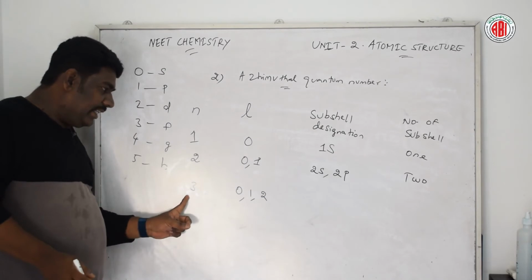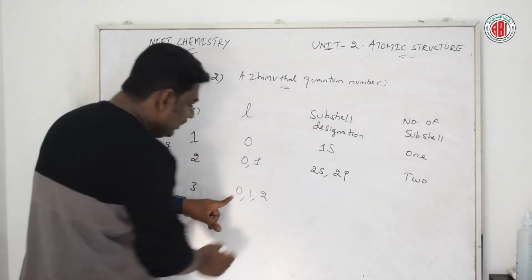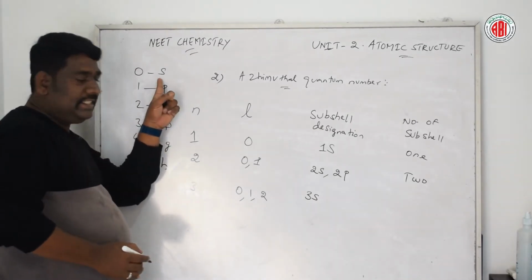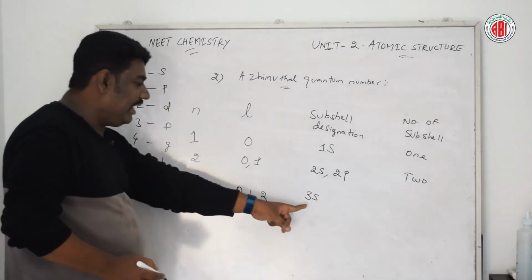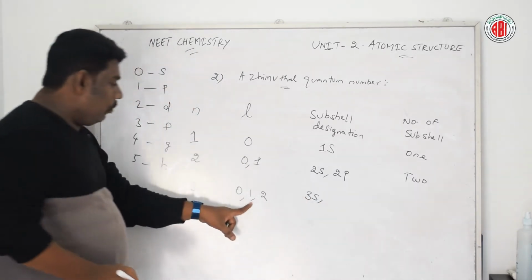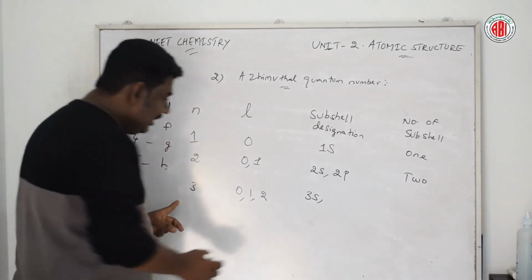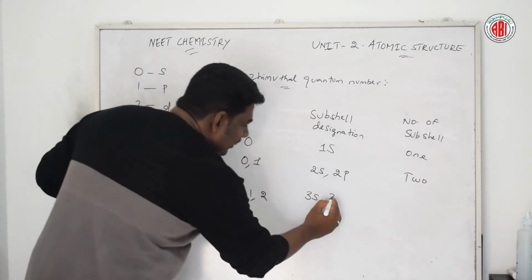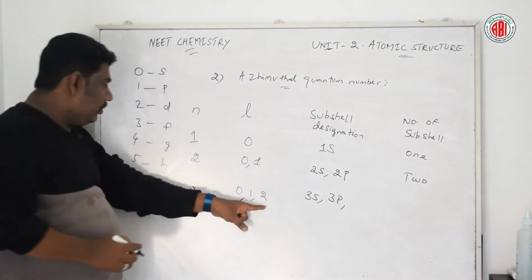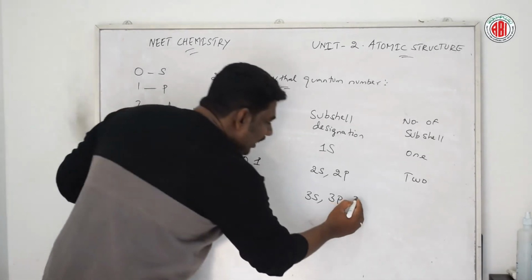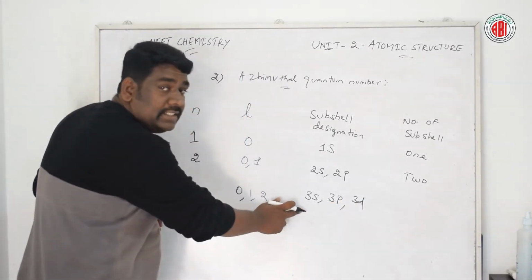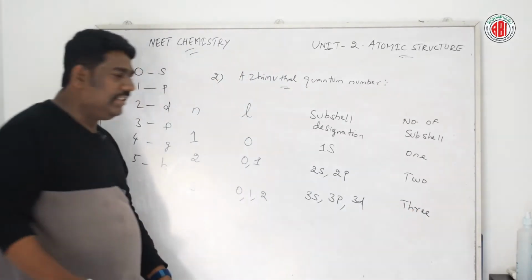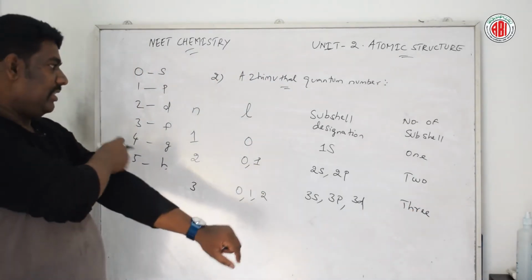The 0 value designation is s, so we write 3s. 1 stands for p, and the principal quantum number is 3, so we write 3p, and 2 stands for d, so we write 3d. So 3 subshells are present.